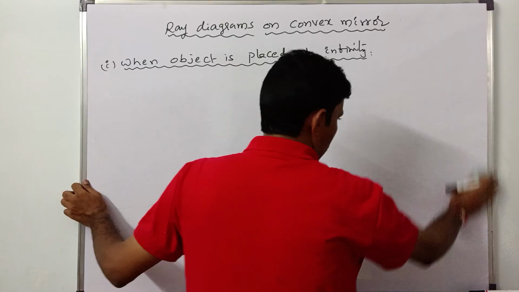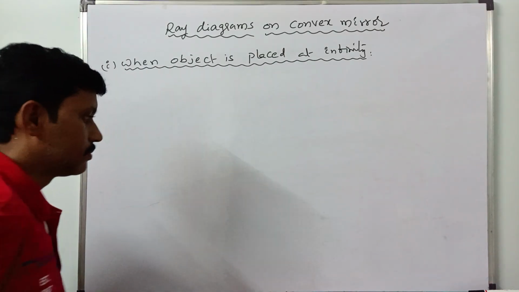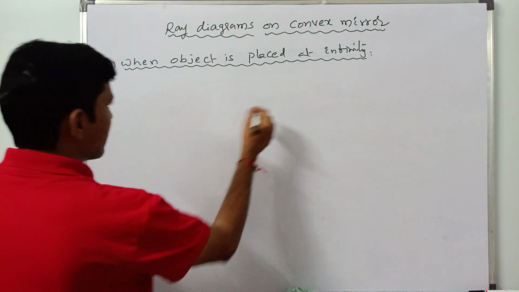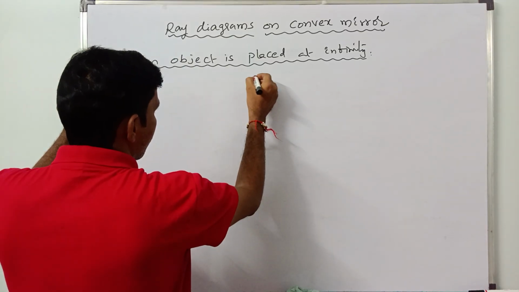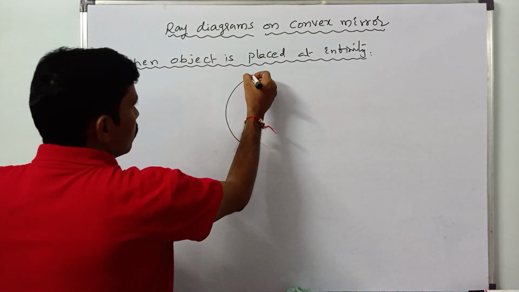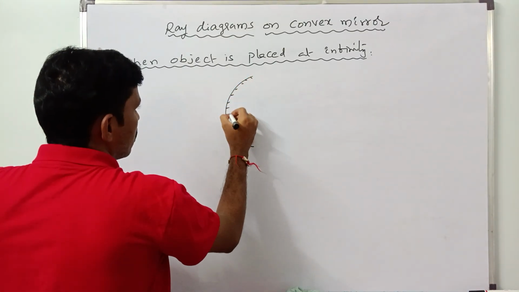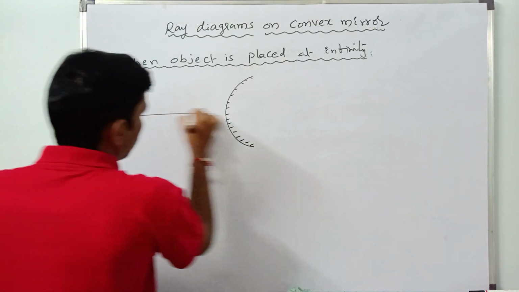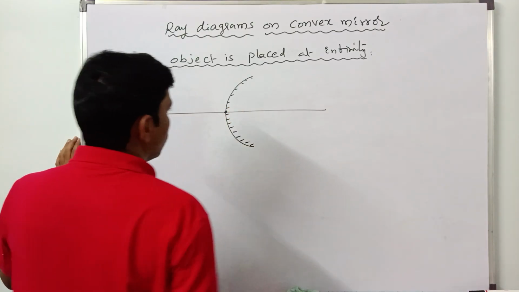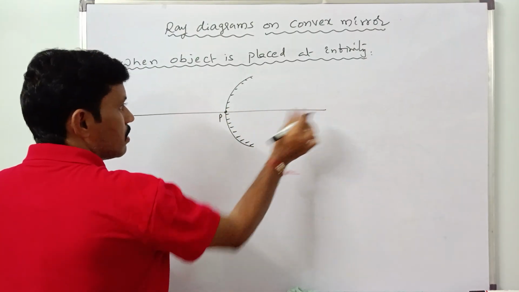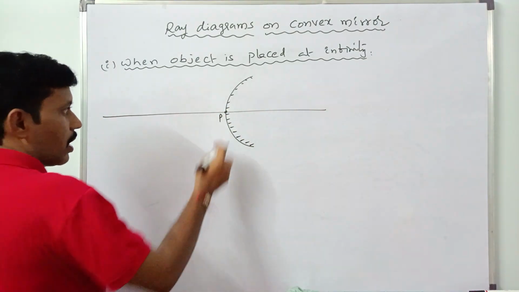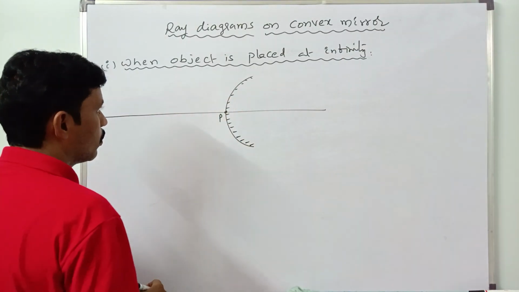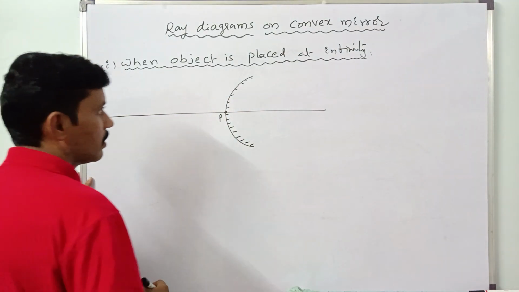So let us draw the convex mirror. I can draw the convex mirror, and this is the pole, and this is the principal axis, that line, and the center of the mirror is nothing but the pole.